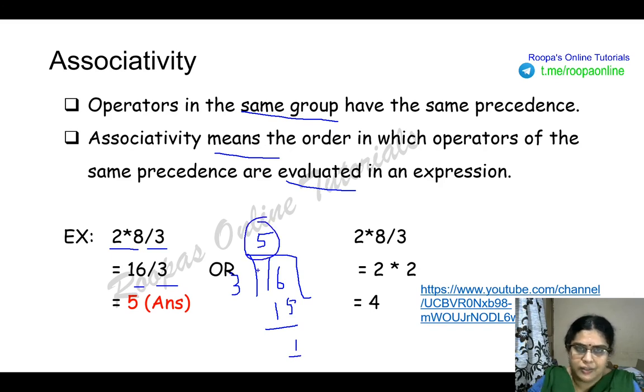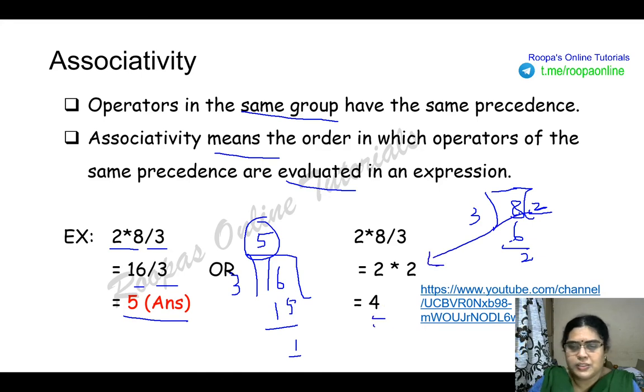We'll just take 5. Now if I do 2 into 8 and then divide by 3, 3 twos are 6, so the quotient is 2. Then 2 into 2 is 4. Both multiplication and division are on the same level of precedence.